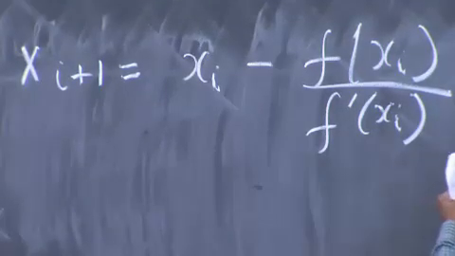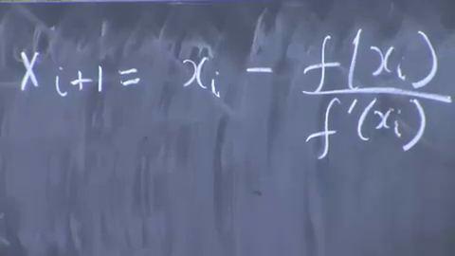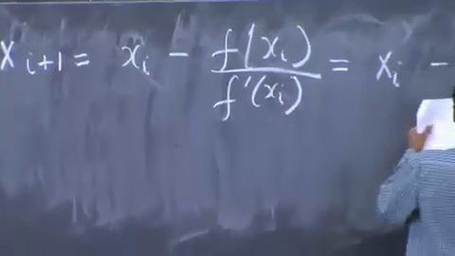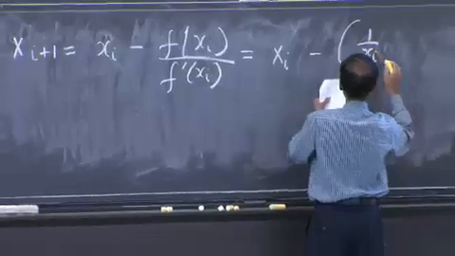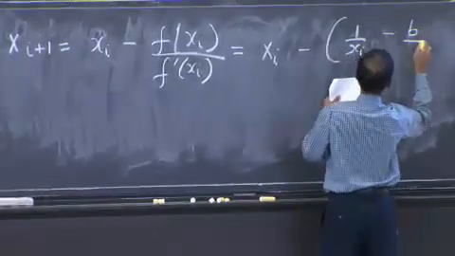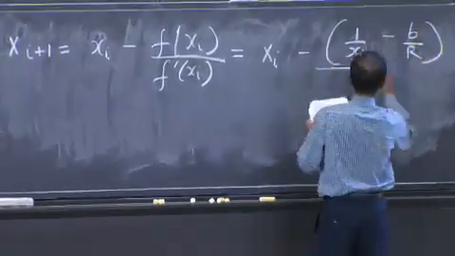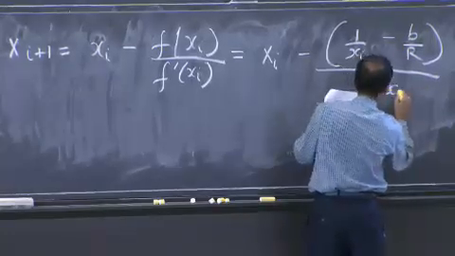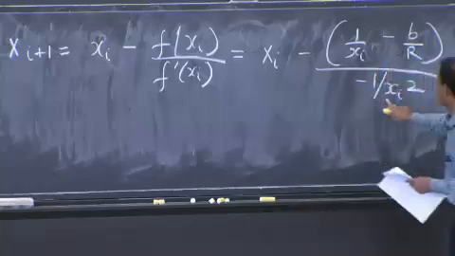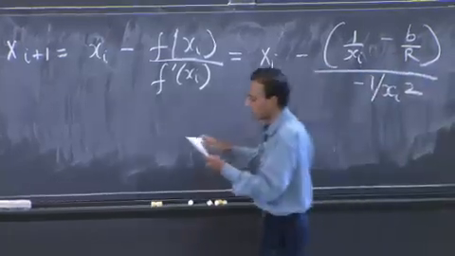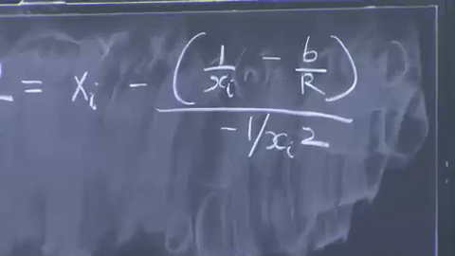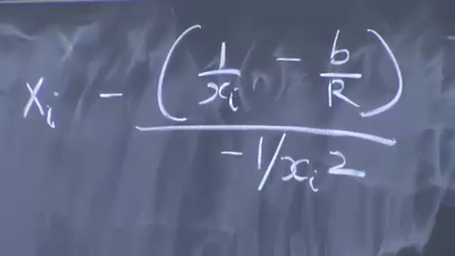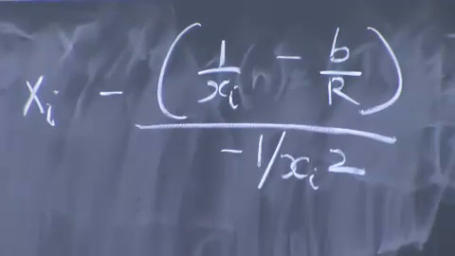And it is worth plugging in the various values here. 1 divided by xi minus b divided by r. That's f of x on top, divided by minus 1 divided by xi square. Right? So that's the derivative over here. So all I'm doing is plugging things in, but you want to visualize this because this is really what we need to compute.